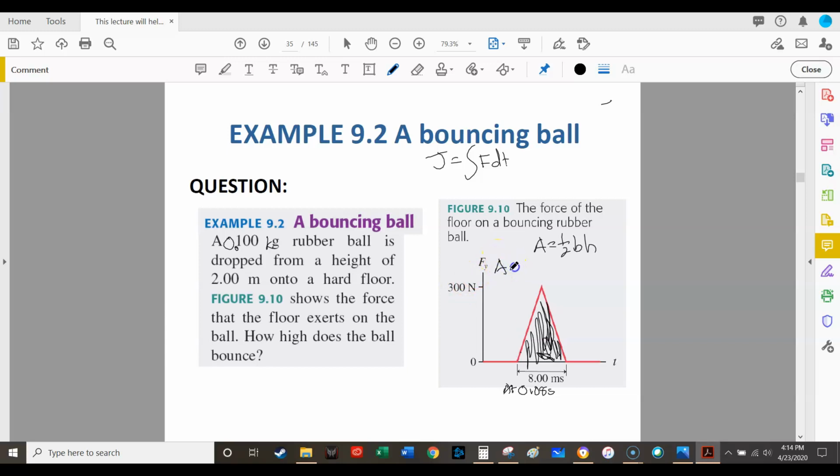So the area of this is going to be 300 newtons times the base, which is 0.08 seconds. And all of this divided by 2, okay?